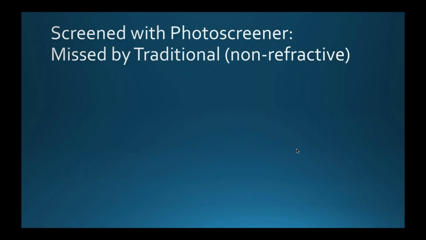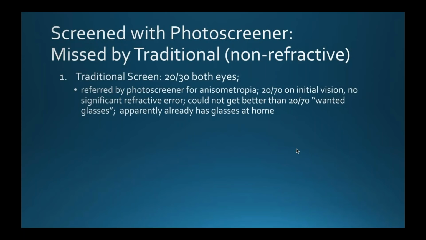And so let's look in more depth at those that were screened and referred just by the photo screener and would have been missed by the traditional screening methods. One of these children, the traditional screen said that they had 20/30 vision in both eyes. They were referred by the photo screener for a difference of glasses prescription.